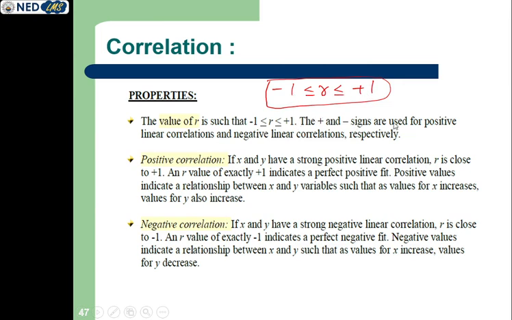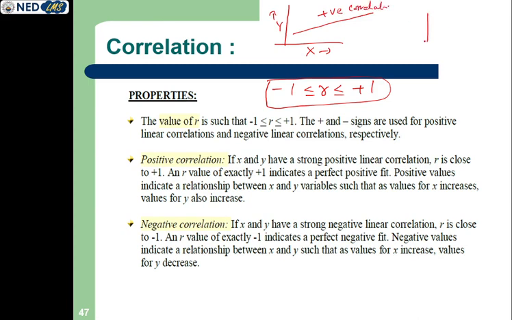The plus and minus signs are used for positive linear correlation and negative linear correlation. So what do the plus and minus signs say? See this one, students, if our graph becomes linear like this, having a positive slope, this is what we call positive correlation.